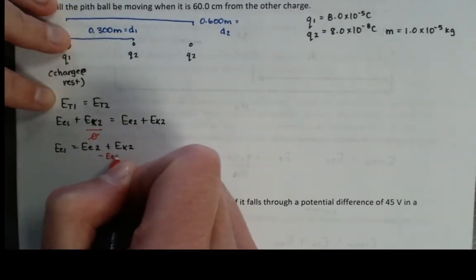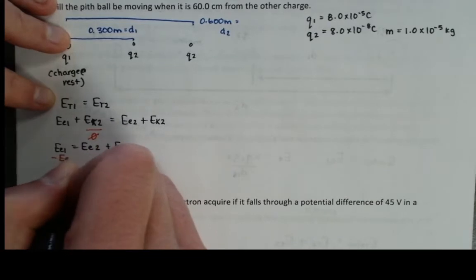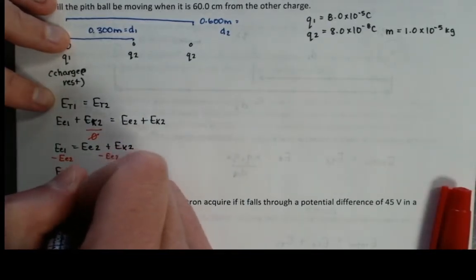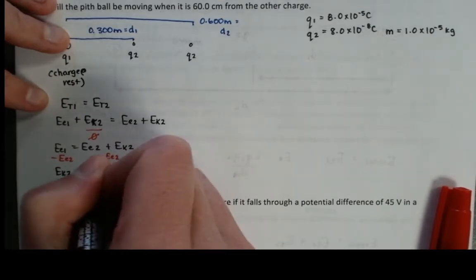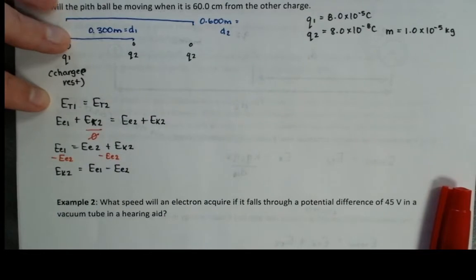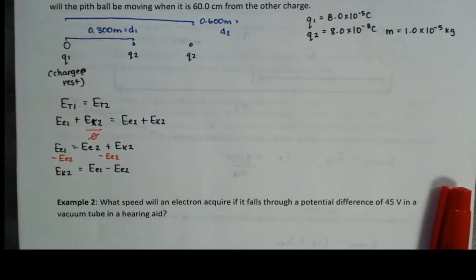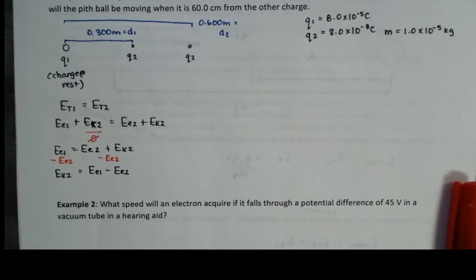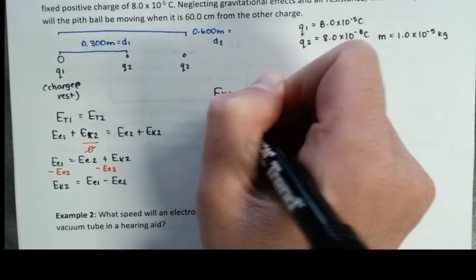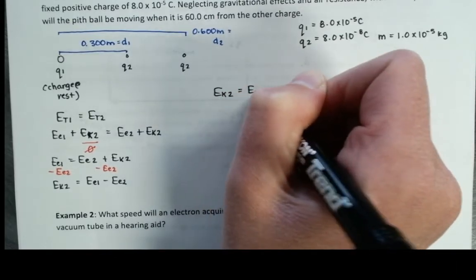So we take away electric potential 2 from both sides. We're left with EK2 equals EE1, take away EE2. Okay? So for now, let's rewrite this up here, a little more space.